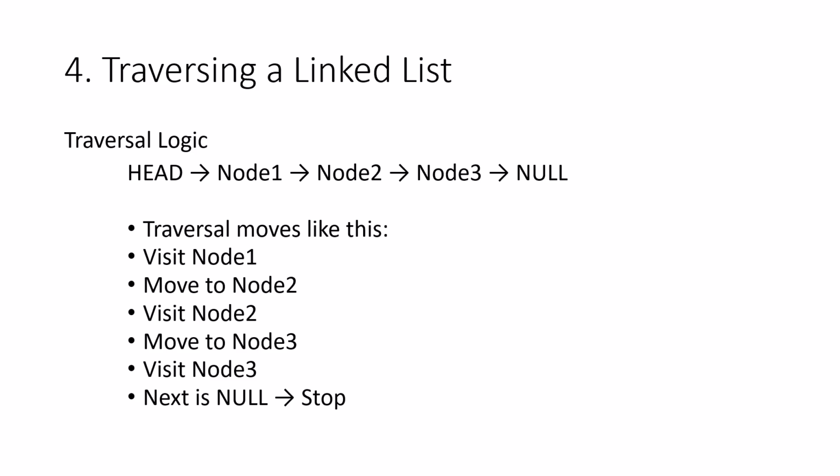Then we move to node 2. Next, we visit node 2 and again move to node 3. Then we visit node 3. After node 3, the next pointer becomes null, which means there are no more nodes. So when we reach null, we stop the traversal.